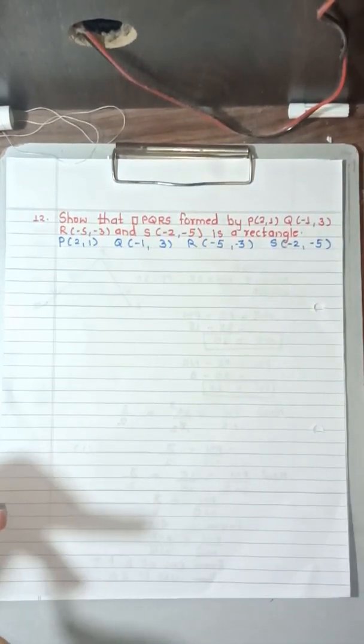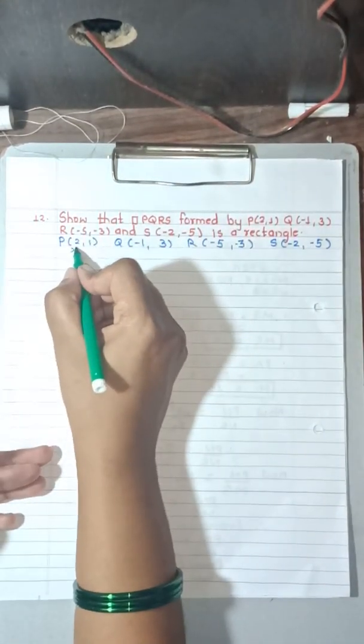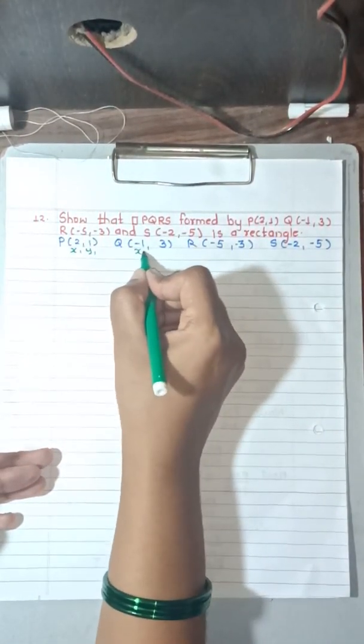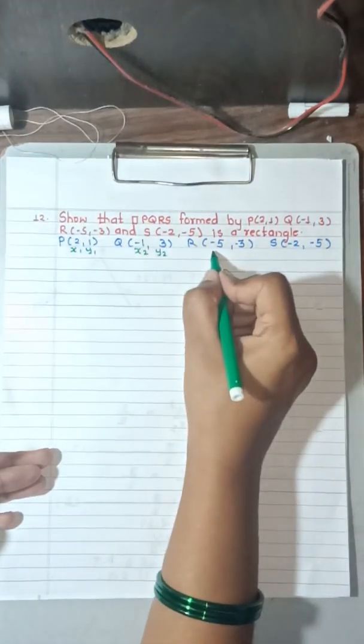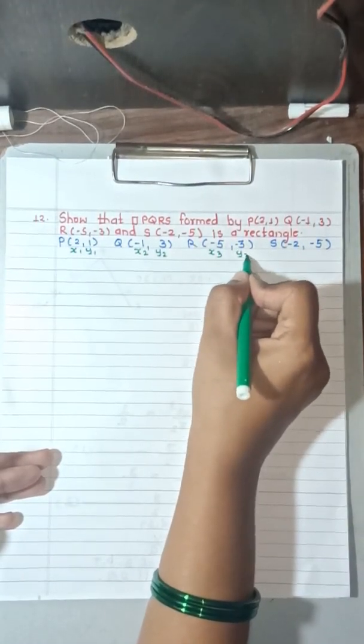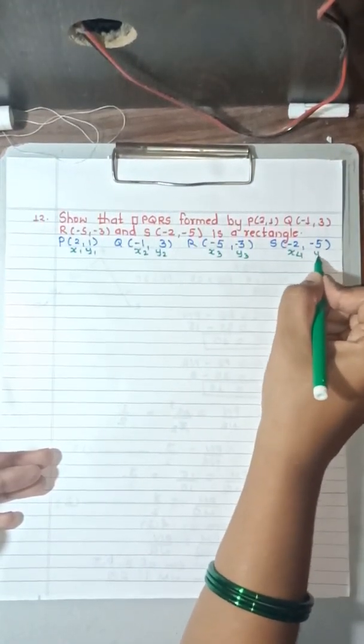So we'll just name them as x1 y1, x2 y2, x3 y3, x4 y4. Same thing we'll write down here below.